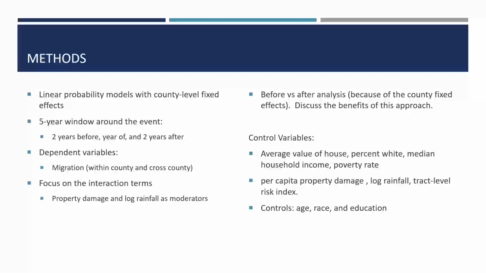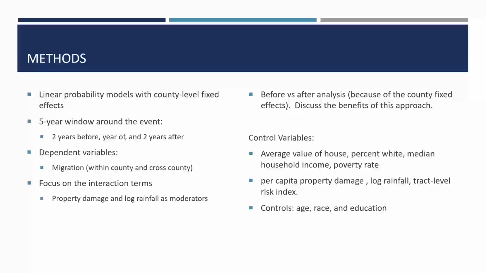I was concerned that some counties might just have higher migration rates at a baseline, and I didn't want that to contaminate the results. So I'm thinking about this as a panel. For each county that was hit by a hurricane event, I'm taking demographic data from that county in the 2 years prior to the event, the year of the event, and 2 years after. So it's a before and after analysis.